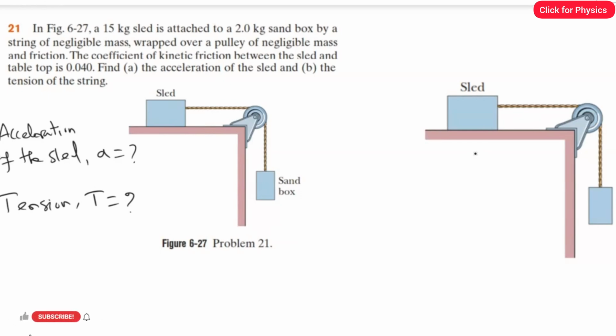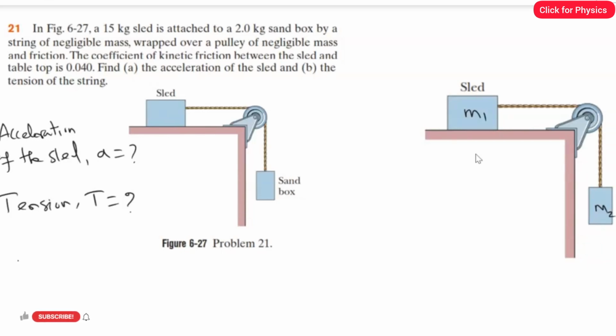So let's rewrite the given first. The mass of the sled is given. Because we have two objects, let's take the letter we used for the mass of the sled as M1, and the letter I'm going to use for the sandbox is M2. By that, we can differentiate. Clear?